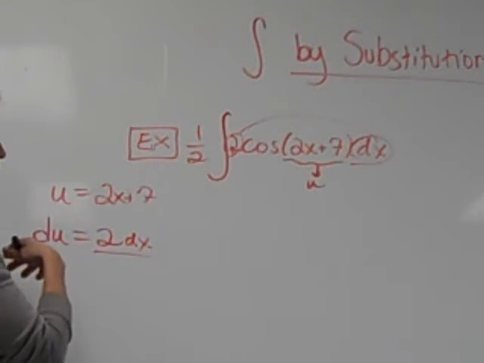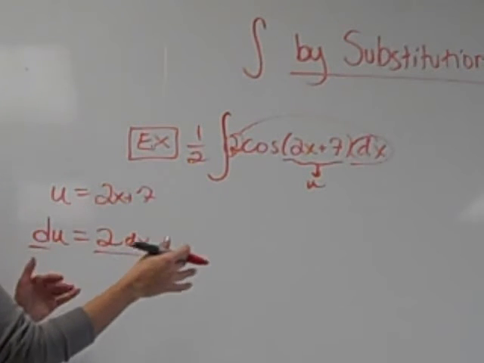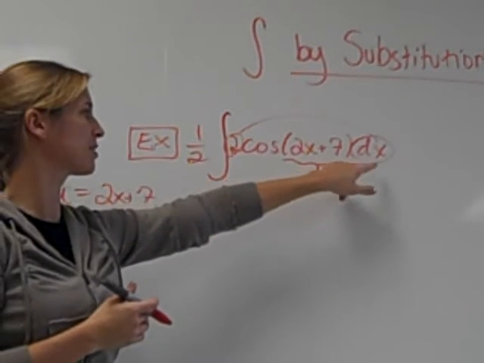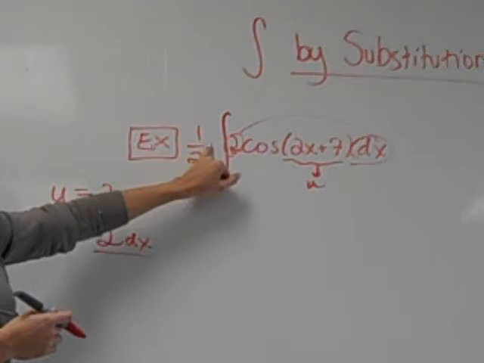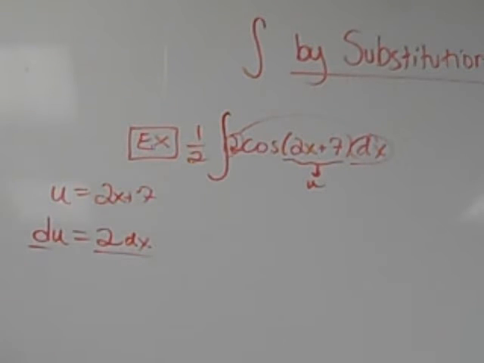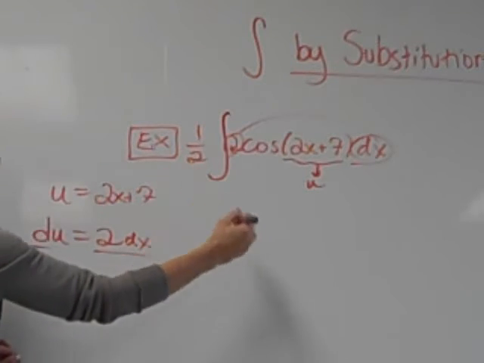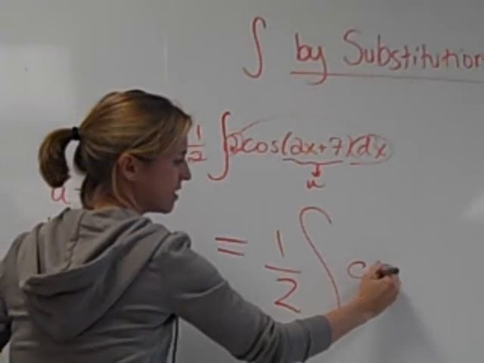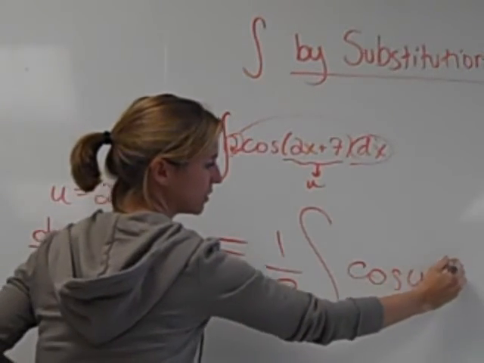But I couldn't just make it what I wanted without using algebra or math rules. I can't just multiply this dx by 2 without also multiplying by a 1/2 so that they cancel each other out and I'm back to where I was. So I can rewrite this as 1/2 times the integral of the cosine of u du.